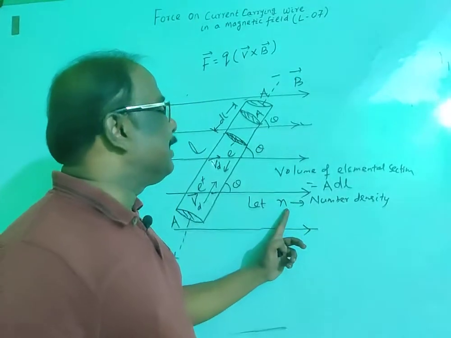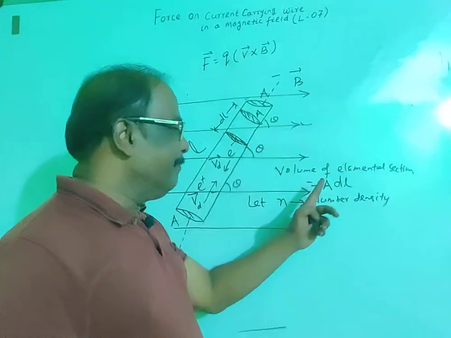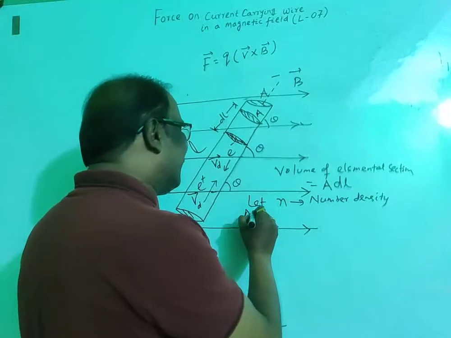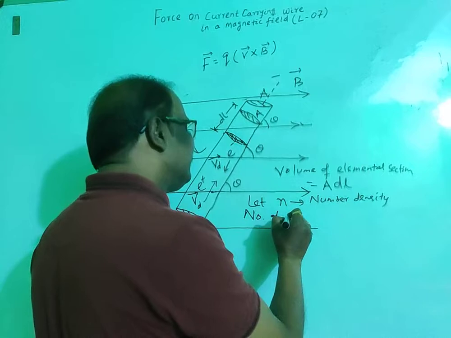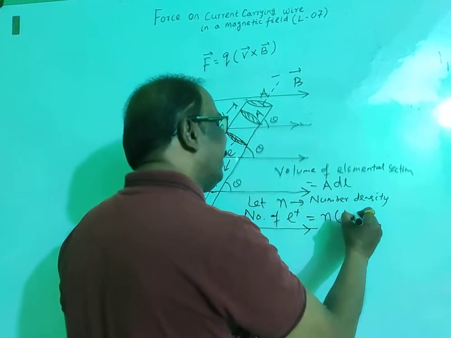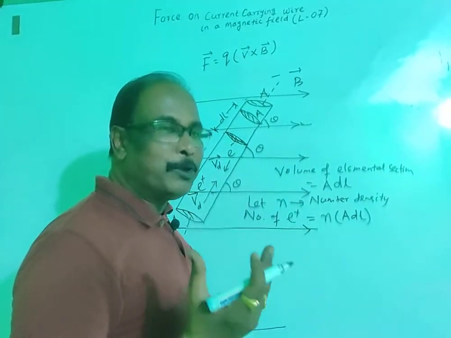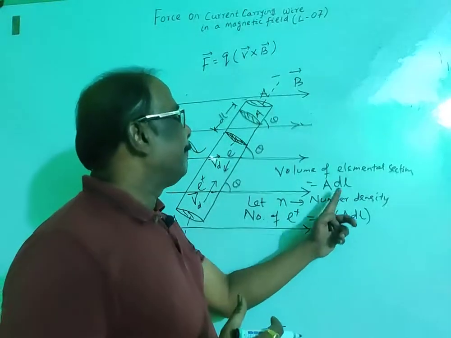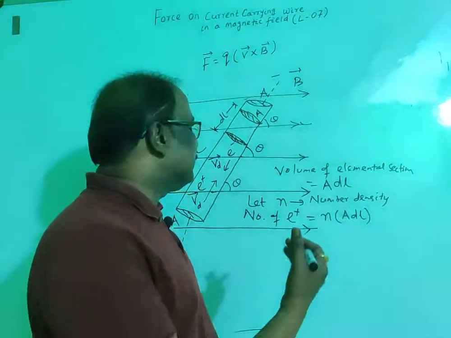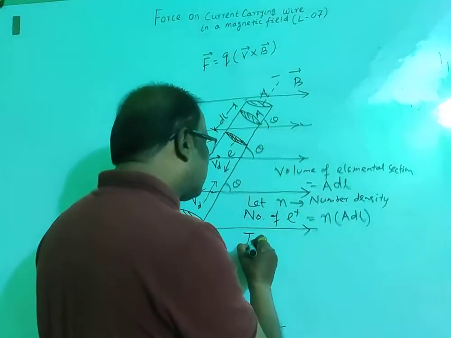So n is the number density, the number of charges per unit volume, and then the total number of charges is n into A dl. n is the number of free electrons per unit volume, and the total volume, meaning the volume of the elemental section, is A dl. This is the number of total charges. We are considering positive charge. Then total charge.